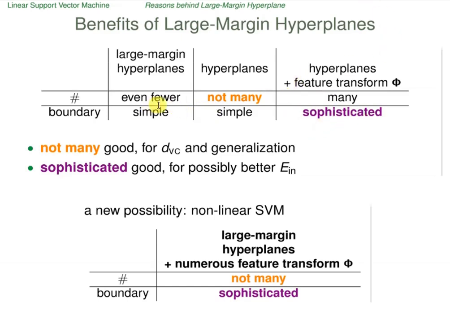Not many effective hypotheses is good in terms of VC dimension and for better generalization, as we know from the VC theory, right? So large margin hyperplanes provide even fewer dichotomies. Sophisticated decision boundaries are good for working with data that cannot be separated with linear hyperplanes, good for minimizing in-sample error.